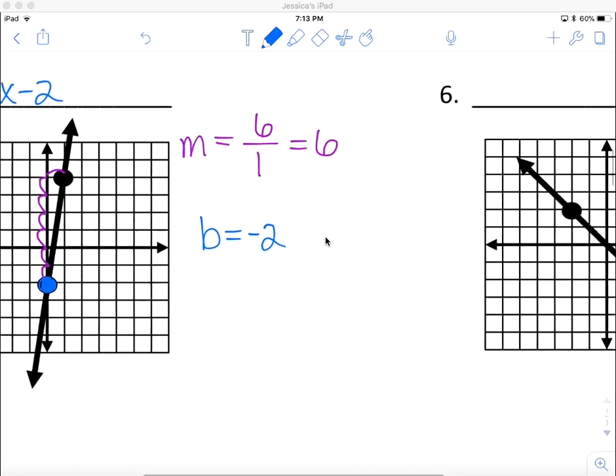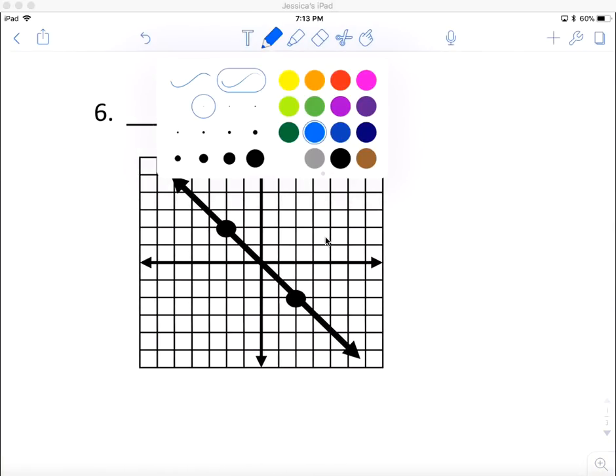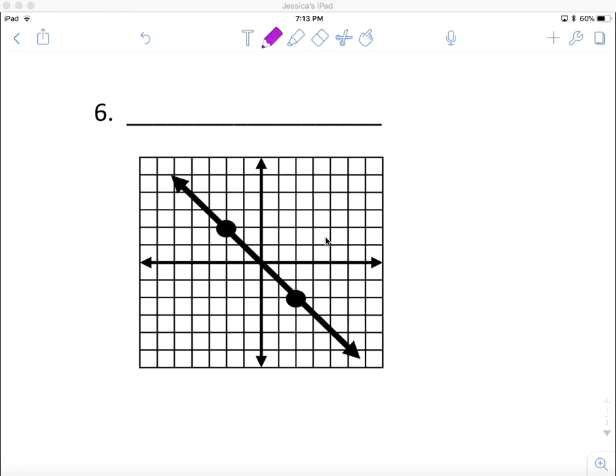Checking number 6, I have a negative slope here. My slope is going down 1, 2, 3, 4. It is going right 1, 2, 3, 4. So negative 4 over 4 reduces to a slope of negative 1.